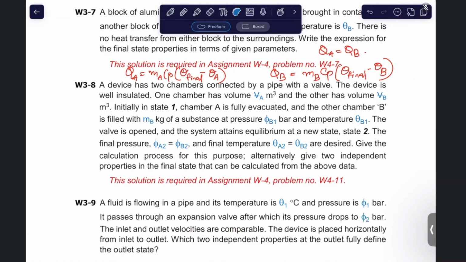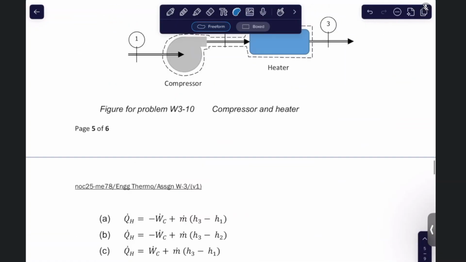The valve is opened and the system attains equilibrium at a new state, state 2. The final pressure pA2 equal to pB2 and final temperature theta A2 equal to theta B2 are desired. Give the calculation process for this purpose. Alternatively, give two independent properties in the final state that can be calculated from the above data.